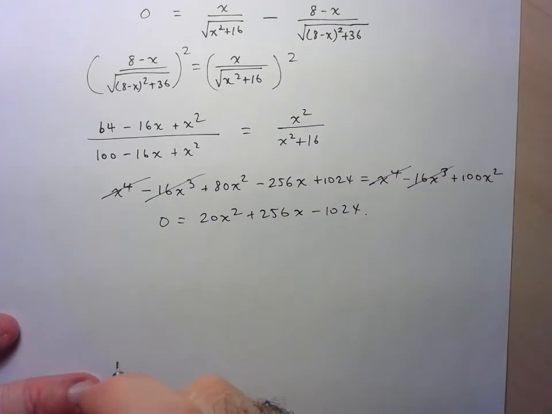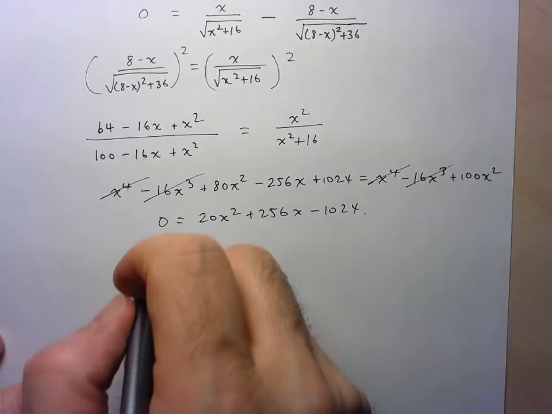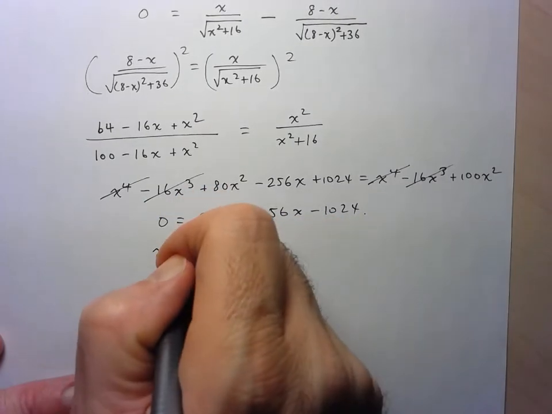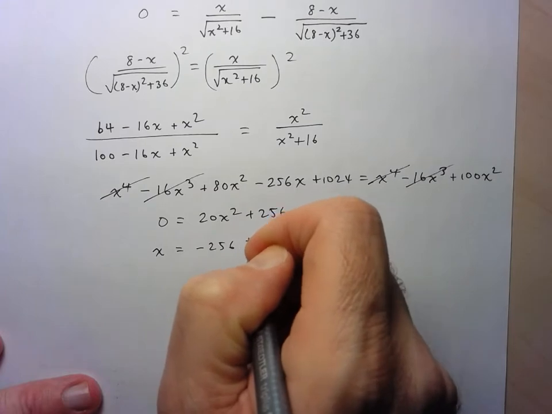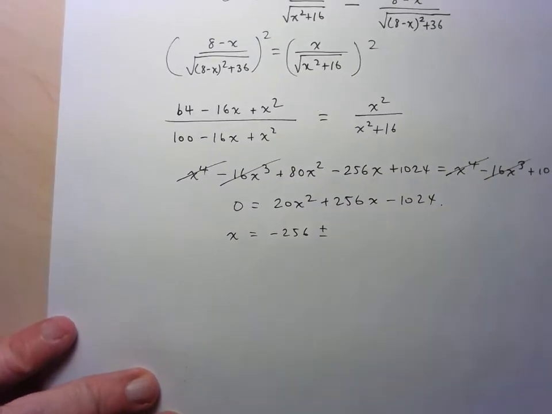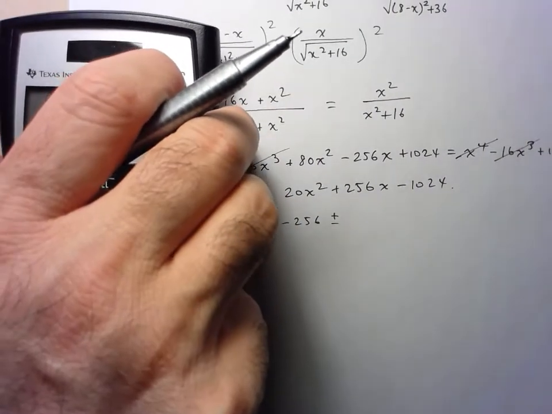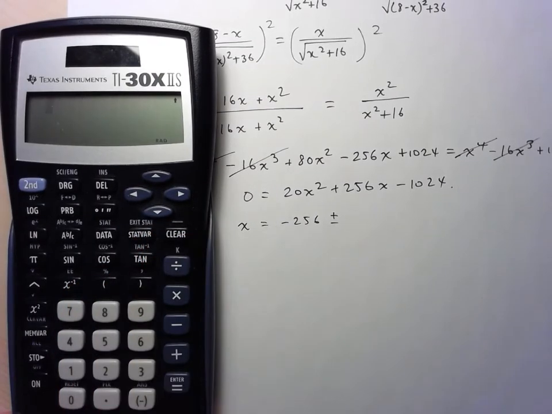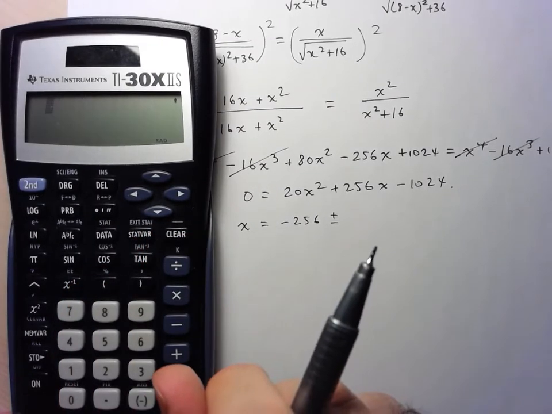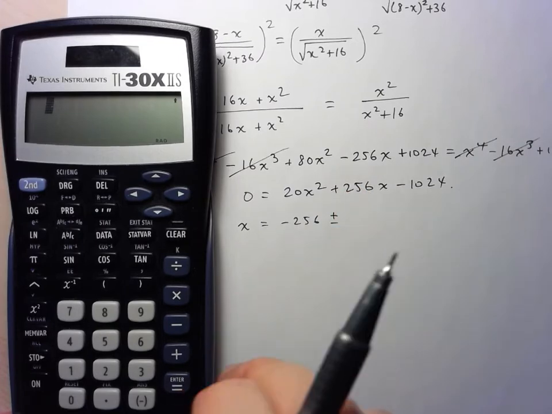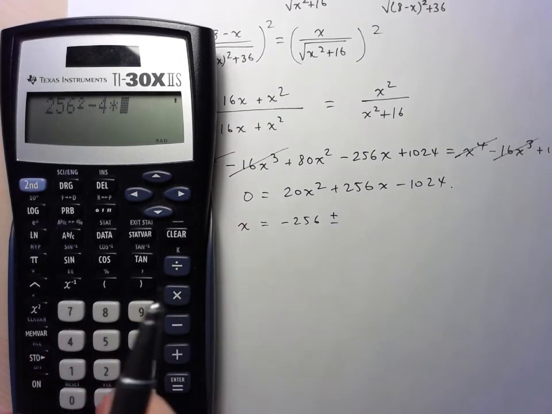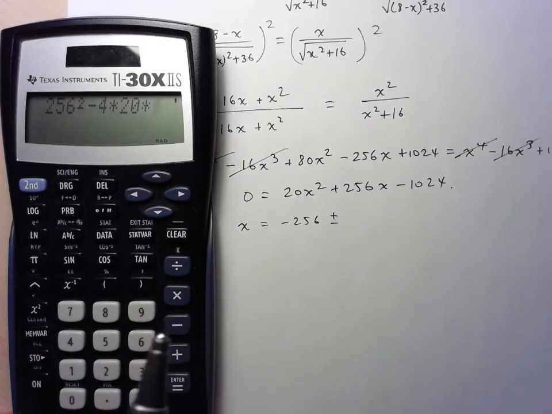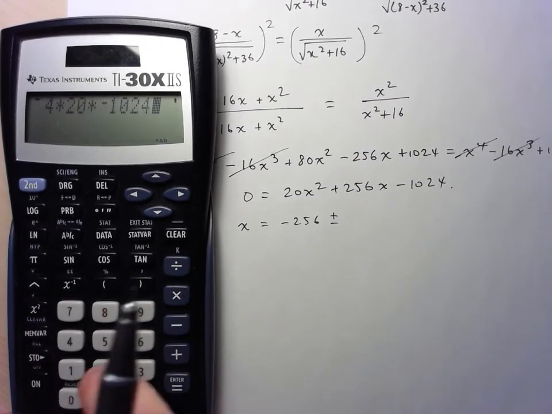I'm not even going to try to factor that here, so I'm just going to go straight to the quadratic formula. So negative 256 plus or minus. I'm going to take the discriminant right away. Just save myself the time. Okay, so here I have b squared minus 4ac. So I've got 256 squared minus 4 times a, which is 20, times c, which is negative 1024.